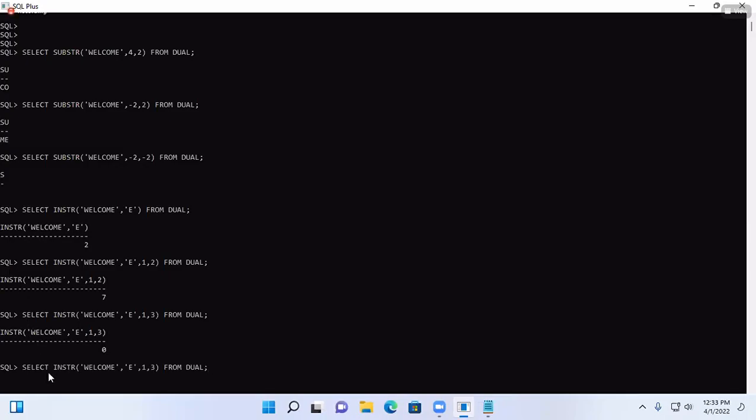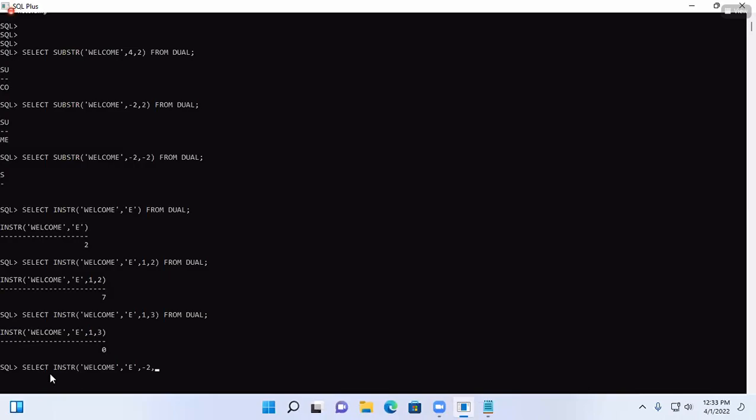Suppose I give -2. -2 means count from right to left. So E is -1, M is -2.